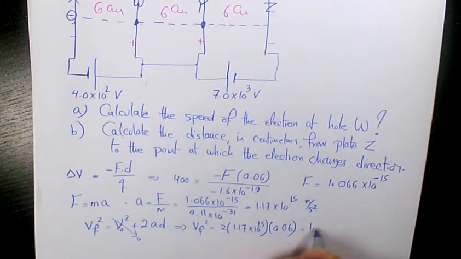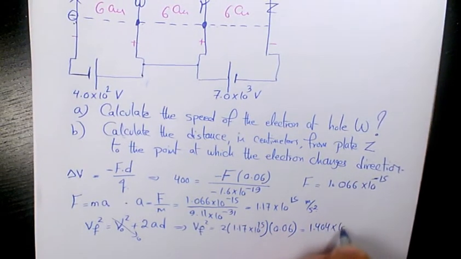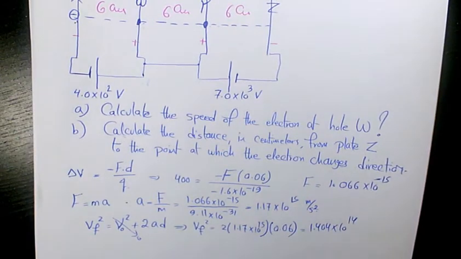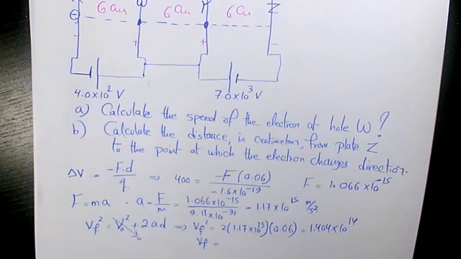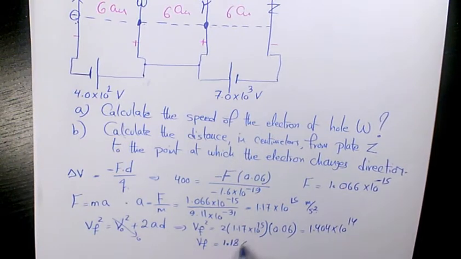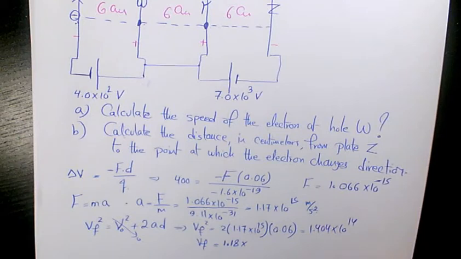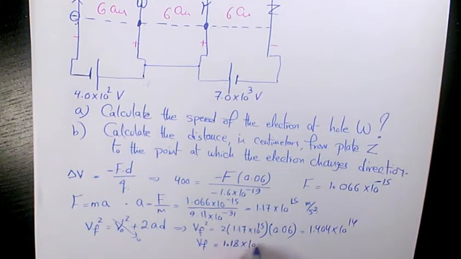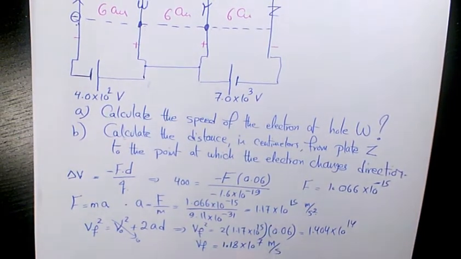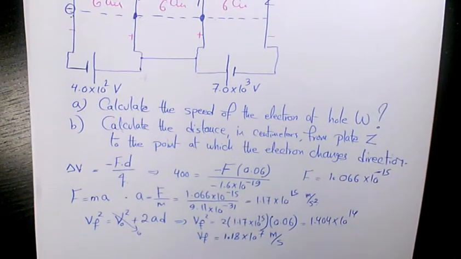That will be 1.404 times 10 to the power of 14. If you take the square root, Vf will be almost 1.18 times 10 to the power of 7 meters per second. So that's the velocity at hole W.